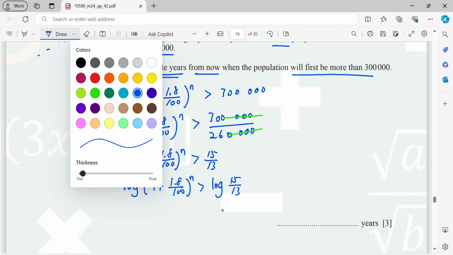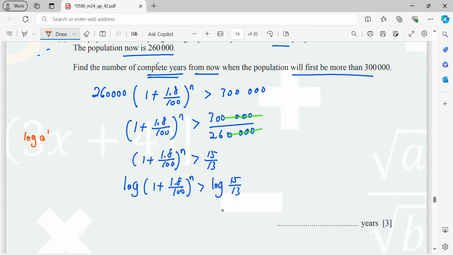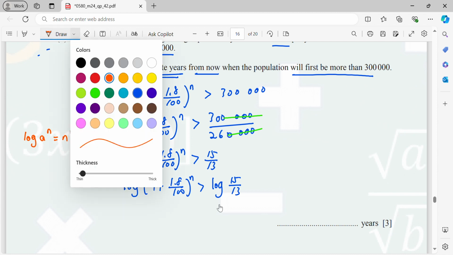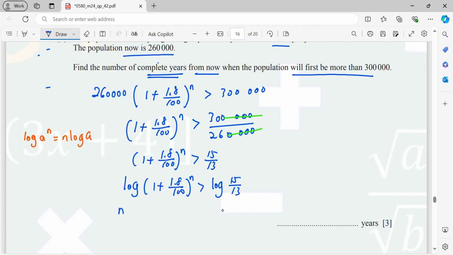Now we have a formula over here. Log a power n will be n log a, provided the n is the power of the a. Alright, so which means now the n will be moved down. It will be log 1 plus 1.8 over 100 more than log 15 over 13. Now you can check the value on the calculator.